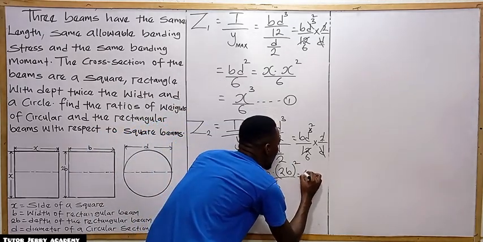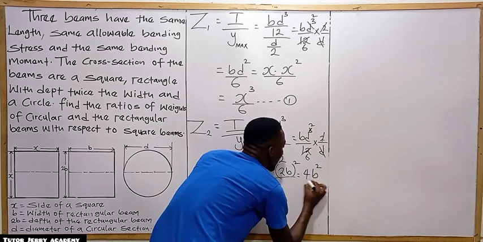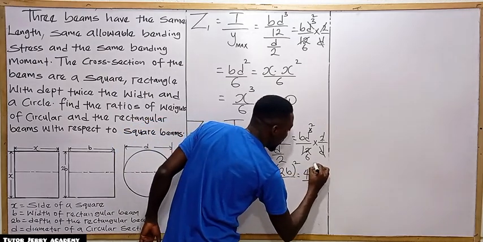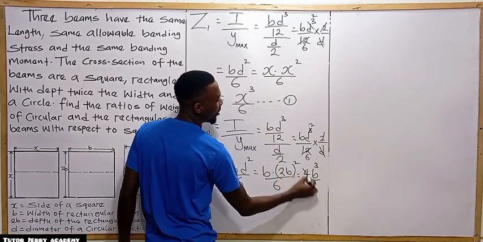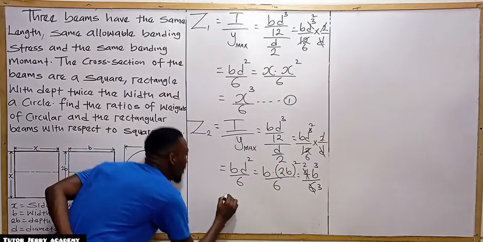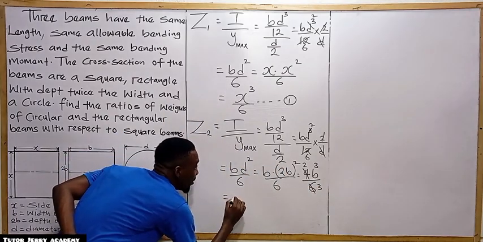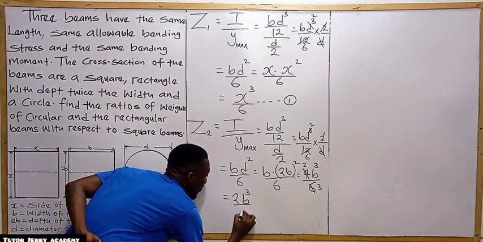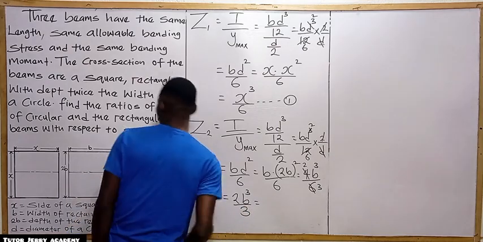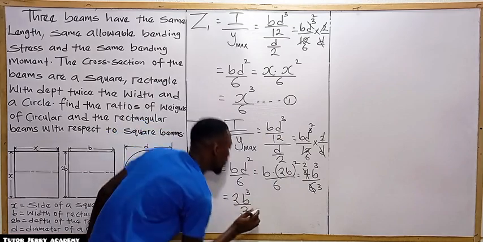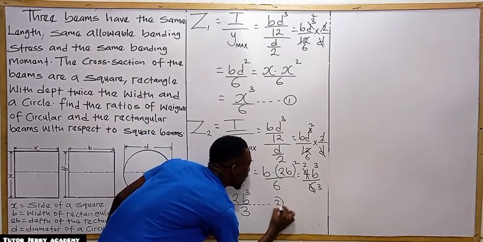So we are going to have 4b cubed divided by 6. Sorry, 4b cubed. All right. So 2 here is 2 and 2 here is 3. So we can rewrite this as 2b cubed divided by 3. We know that our base is still b, so no need of any substitution. So let's just call this equation number 2.